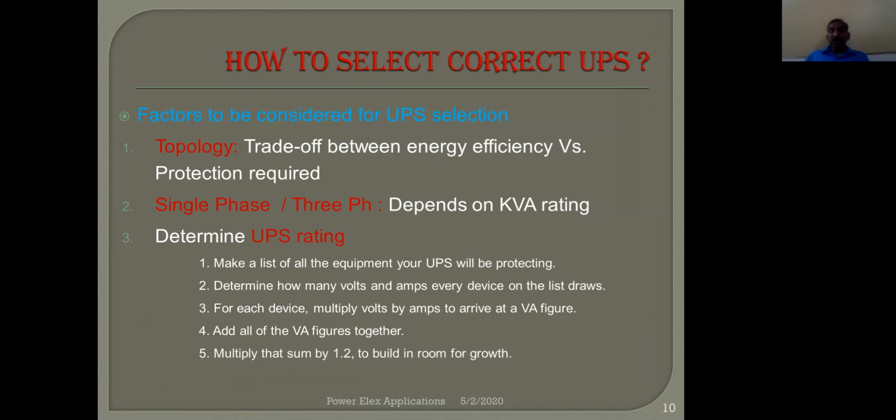Then multiply by a factor of safety of 20%, for two reasons. One is to have some room for growth, like if there are some power plugs and anybody connects something, naturally it will be protected along with the other standard loads. There has to be some room for growth as well.